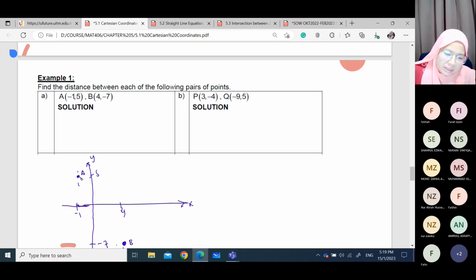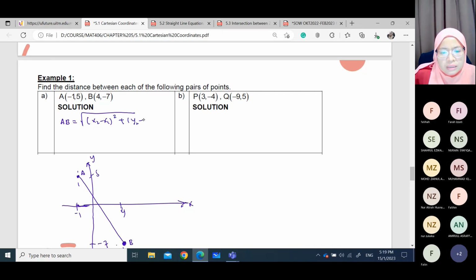Okay, so sekarang nak cari distance antara point A dan juga B. Okay, so we use the formula which is AB, it is equivalent with square root x2 minus x1 to the power of 2 plus y2 minus y1 to the power of 2. Okay, so masukkan je nilai x2, x1, y2 and y1.